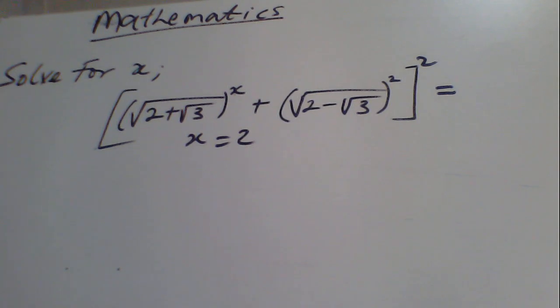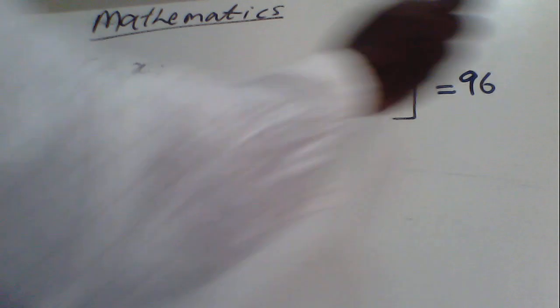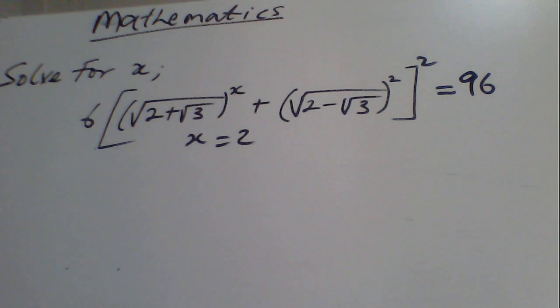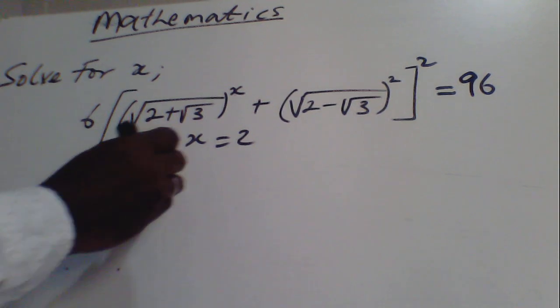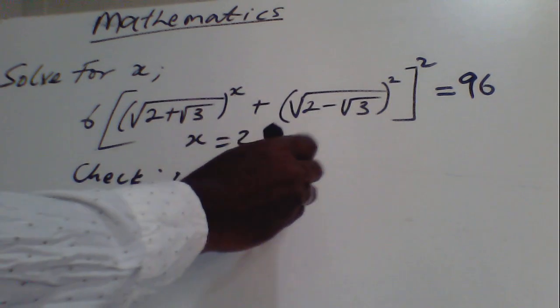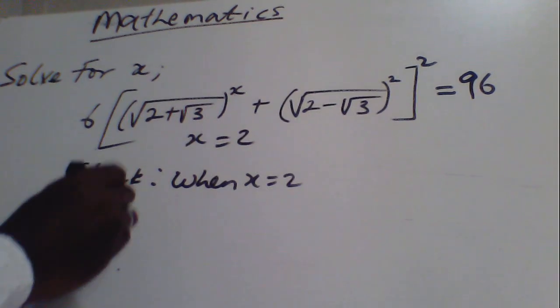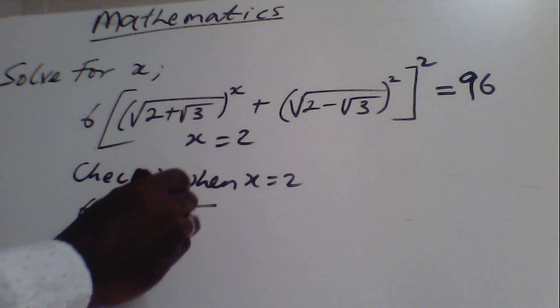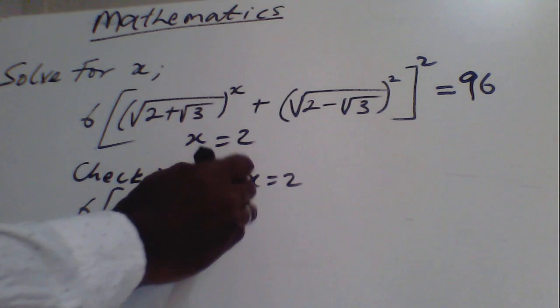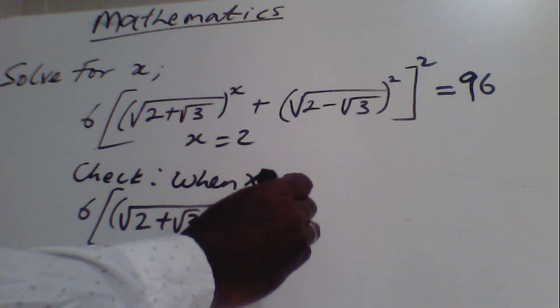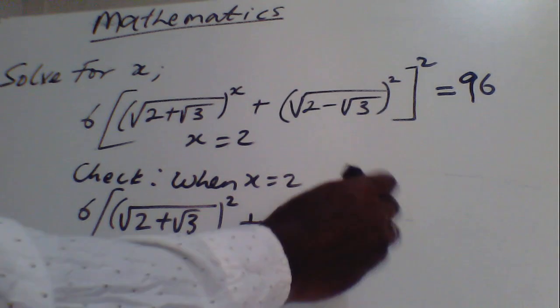So let's check the answer for correctness. We have that x is equal to 2. We have 96 here, we have 6 here. So let us check the answer for correctness. We obtain that x is equal to 2. So let's check it. When x is equal to 2, we have 6 in bracket the square root of 2 plus root 3 raised to power 2 plus the square root of 2 minus root 3 raised to power 2.